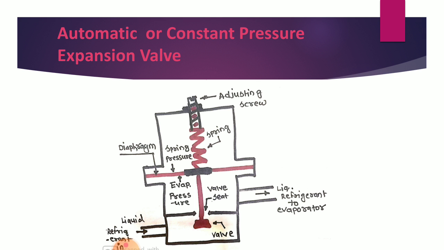So this is the first condition: when the pressure inside the evaporator falls, we maintain it by supplying the maximum amount of refrigerant to the evaporator. In the other condition, when the pressure inside the evaporator increases beyond the design pressure, the evaporator pressure is maximum and it exerts a force on the diaphragm.